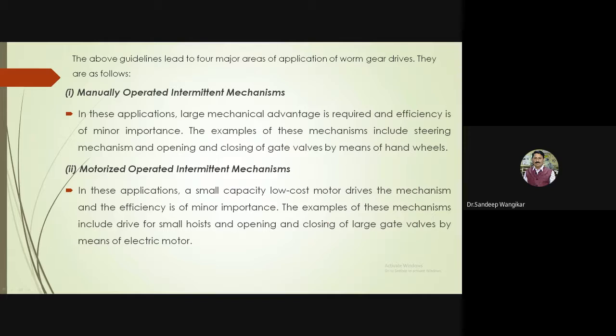The examples are also the same: the drive for a small hoist and the opening and closing of gates, but they are performed by using an electric motor. This is very important, the application of worm and worm gear drive.